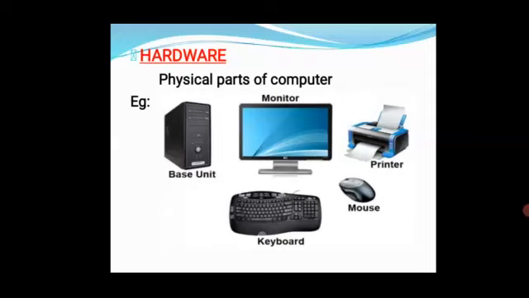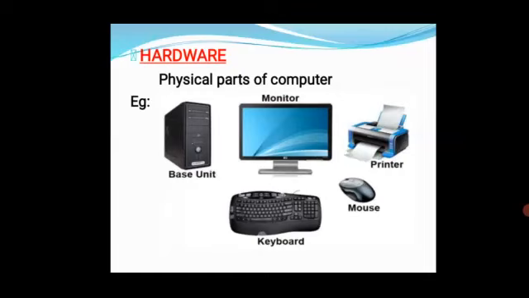Did you understand, students? Here I did not assemble these parts together. When I assemble these parts together, we can say this is known as a computer. But since I did not assemble them, each part is considered hardware, that means physical components of the computer. When will it work?